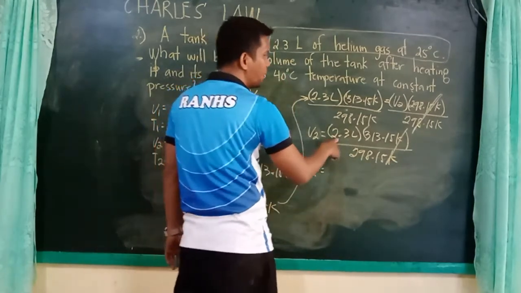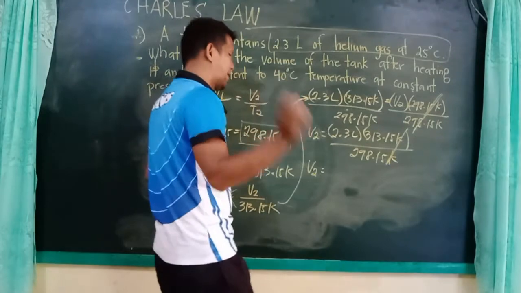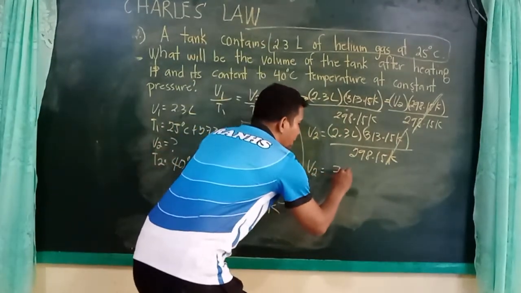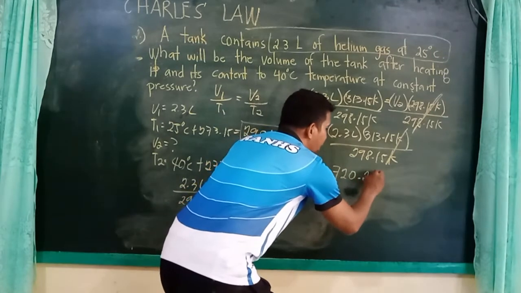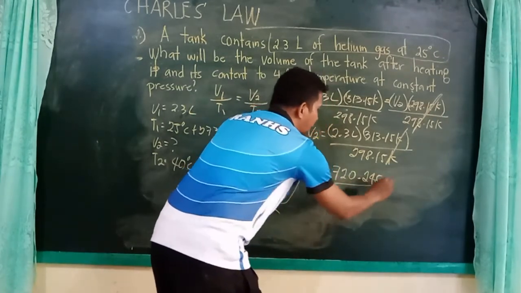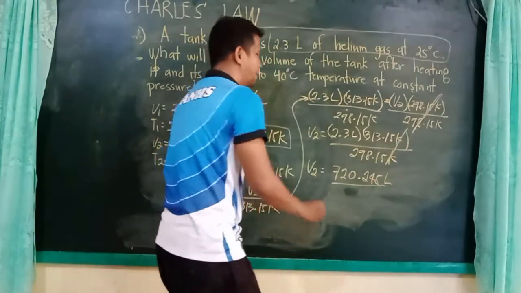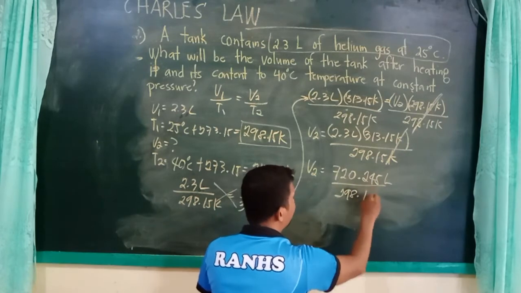Now if you're going to multiply 2.3 times 313.15, the answer to that is 720.245 L, kasi kinansel na natin yung Kelvin, divided by 298.15.